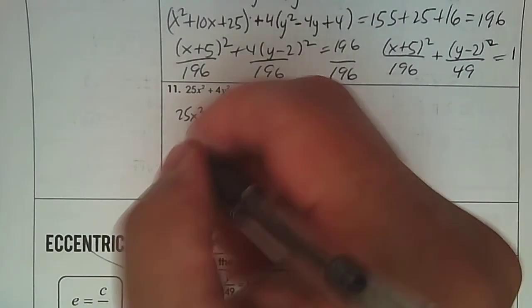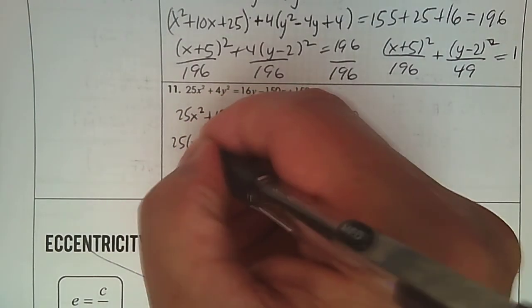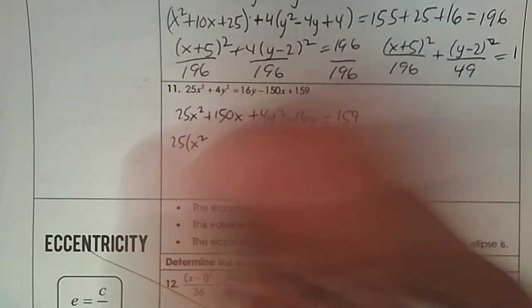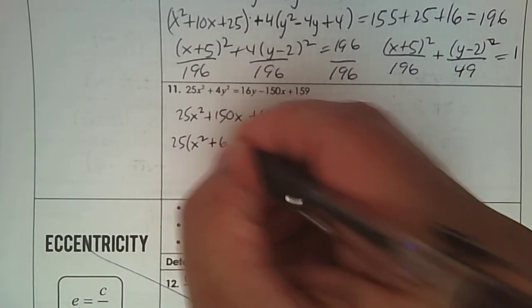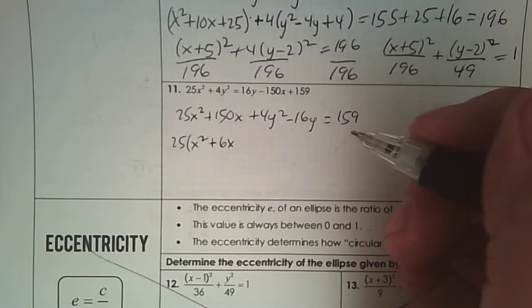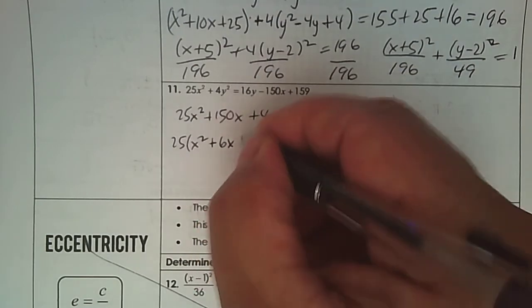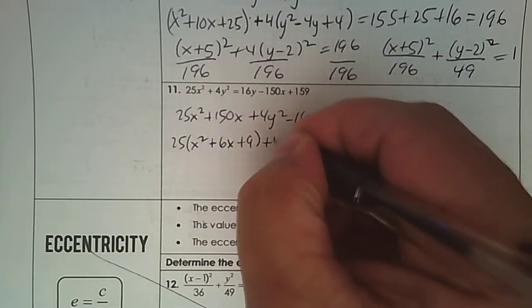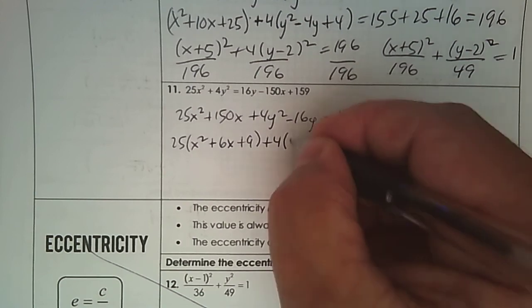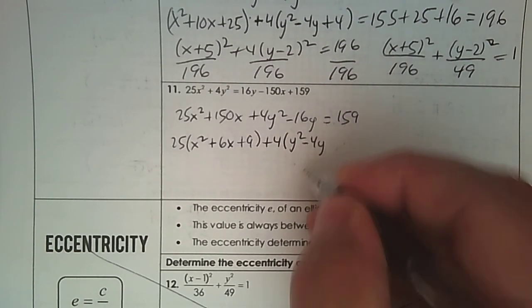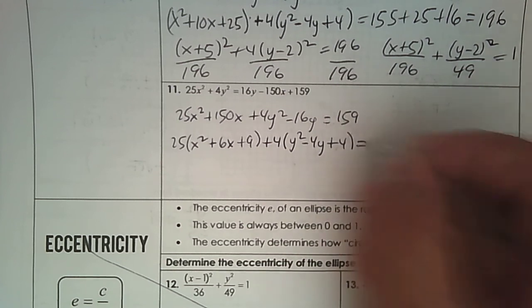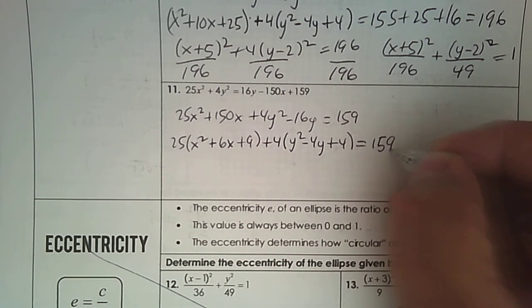Now, I'm going to factor out the 25. So 25 goes into 150 how many times? How many quarters is that? And that's 6. And then divide by 2 and square, that's 9. We're going to do the same thing here. Factor out a 4. That leaves me with y squared minus 4y. Then for the 4, divide by 2 and square, and you get 4. You're being algebra machines, I'm telling you.